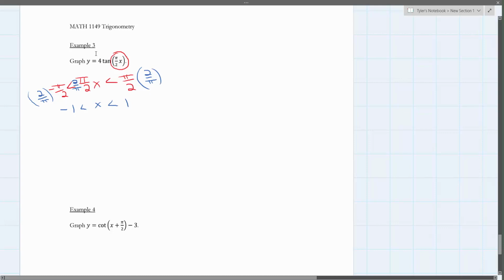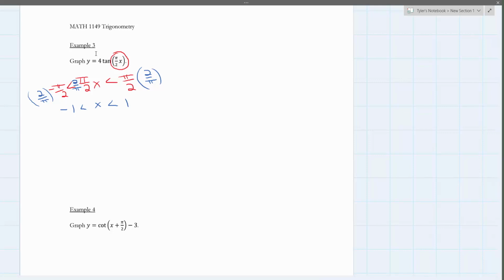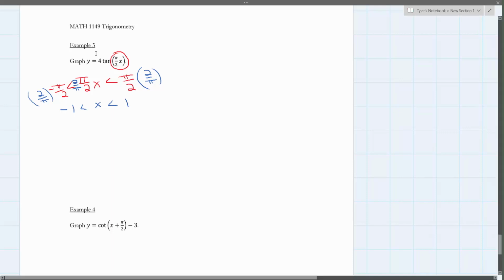Right? So x is going to be in between negative 1 and 1 for those vertical asymptotes, right? So I know I'm going to have vertical asymptotes at x equals negative 1 and 1.